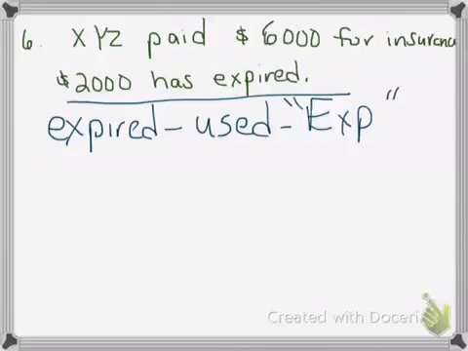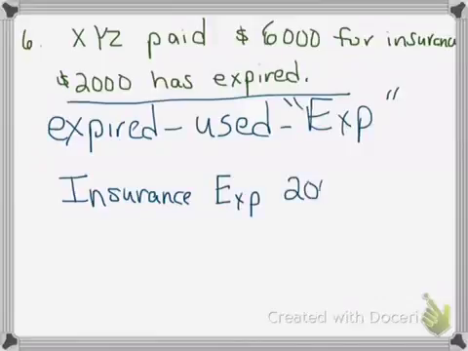So in this particular case, if we have used $2,000 of insurance, what would my debit account be? Insurance expense, and that'll be for that $2,000. Now, what is my credit account?